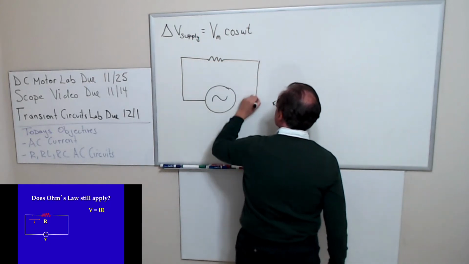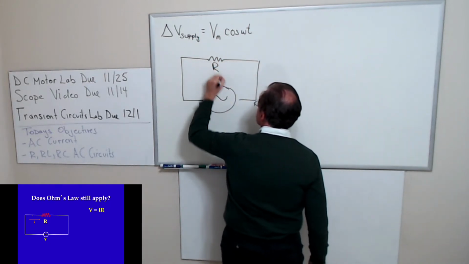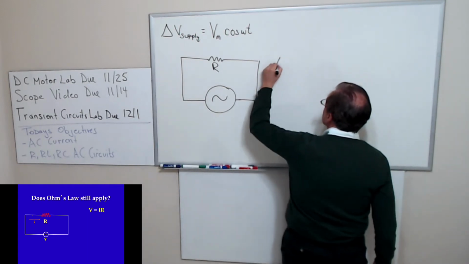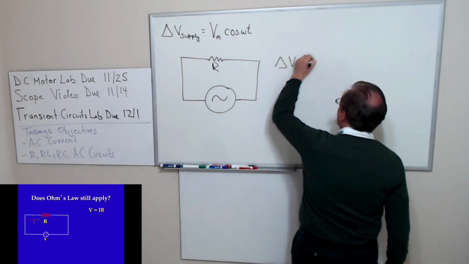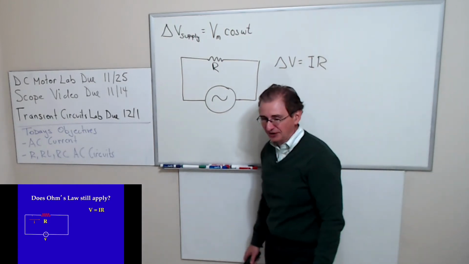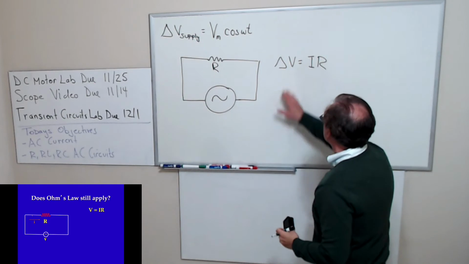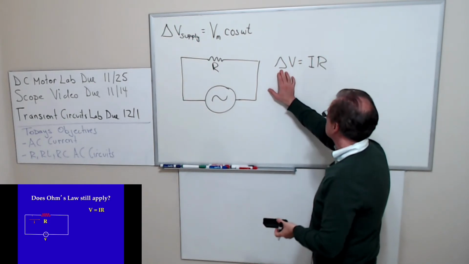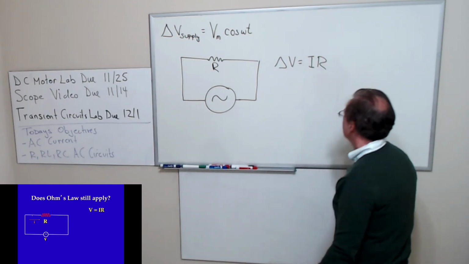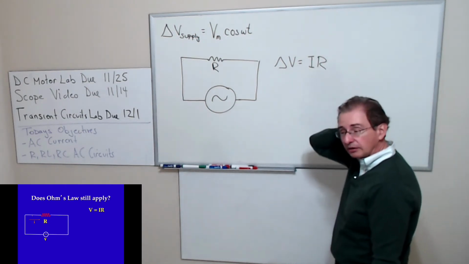There's our resistor. And we know that the voltage is I times R. I don't know if you noticed, but now that we're in chapter 33, and the books will probably do that too, they will always drop the delta symbol. So I'm going to try to keep writing it on the board.